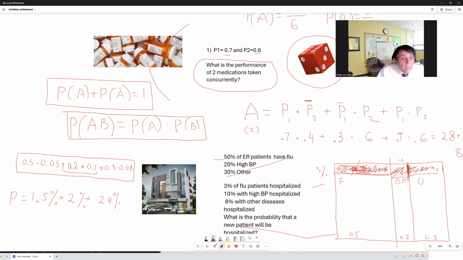Now we need just to add. 1.5 plus 2 is 3.5. And 3.5 plus 2.4 will be 5.9%. So actually, this problem that looks terribly difficult, we solved it in one sentence. This is the exact result of this problem.